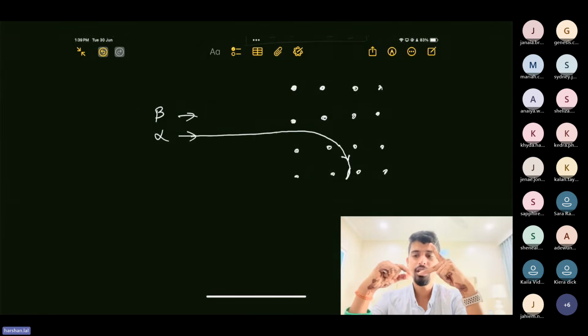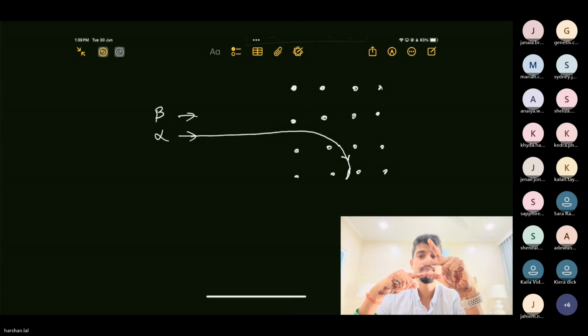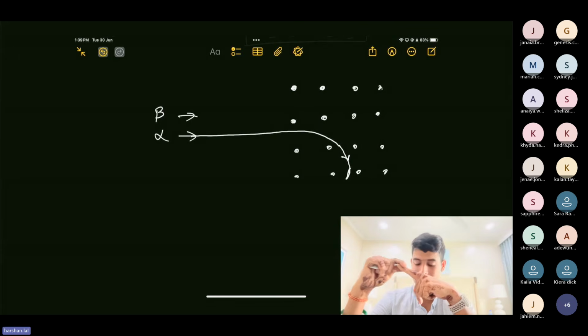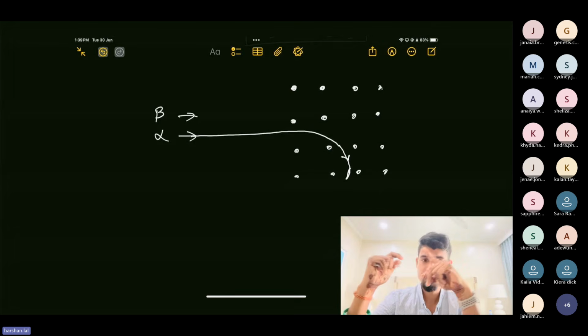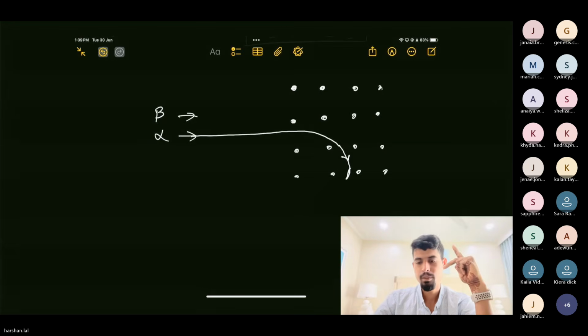The direction of the magnetic field is still outwards from the page, but the direction of the current changes now, right? So the direction of the current would be what direction? Would it be in the same direction as that of the electron or opposite to the motion of the electron?